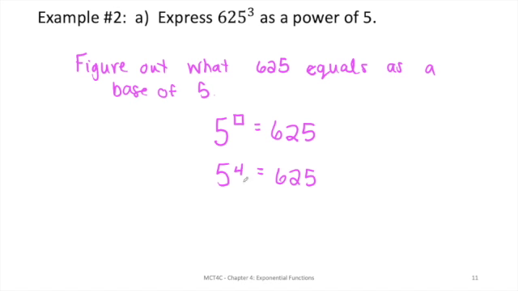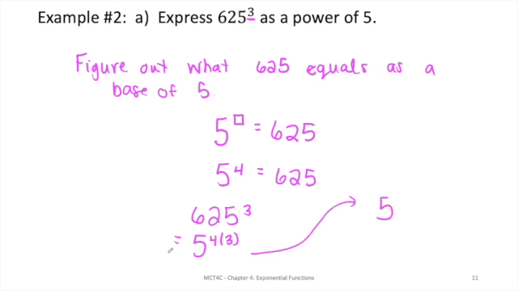However, we have figured out what 625 is, but we still have to deal with this exponent 3. So you're going to write 625 to the exponent 3, and then substitute in 5 to the 4 as that power for 625. Then you still have that exponent 3, so you're going to have to multiply it.